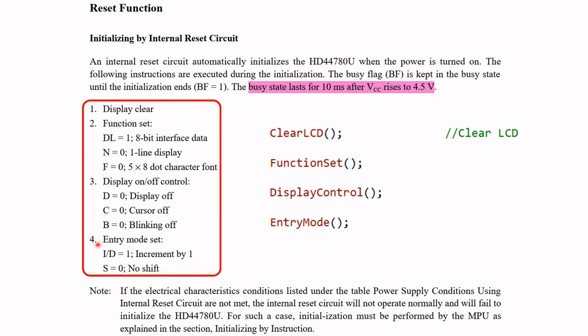These 4 instructions are basically the initialization process. You need to initialize the module before you can use it. So the first step is to clear. All right, so I have a clear LCD here. I'll get into the details of this function soon. And then I have something called function set. These are the parameters that we have to watch out for. Then something called display control, which is this one here. And then the entry mode is this one here.